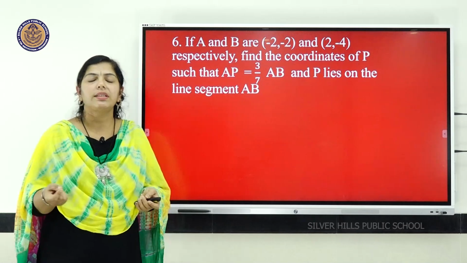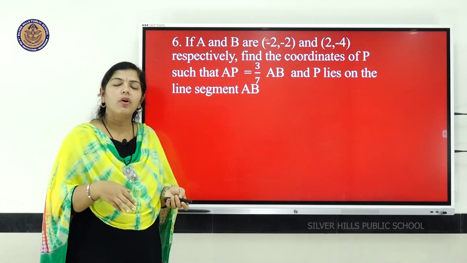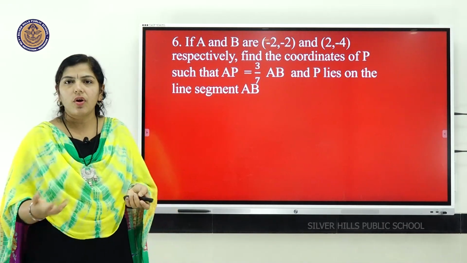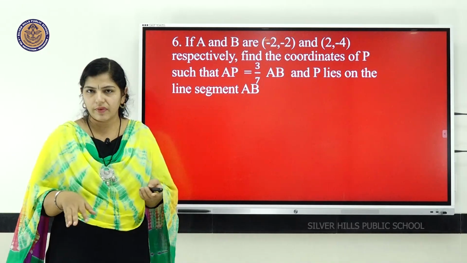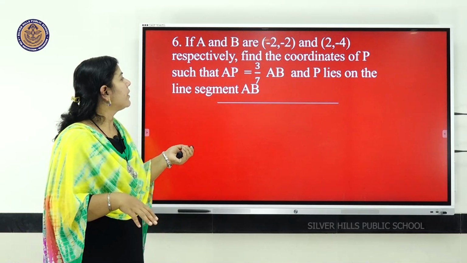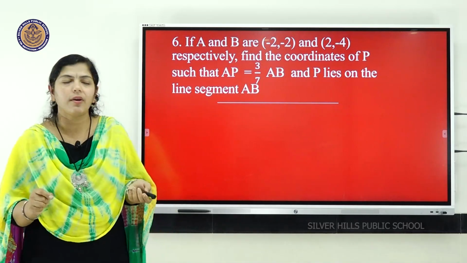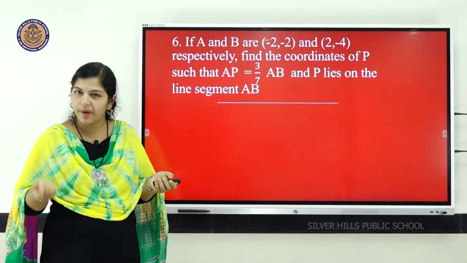In the previous questions, the ratio was given or we found the ratio, but here the ratio is not given. What is given? We have only the condition AP equals 3/7 AB.